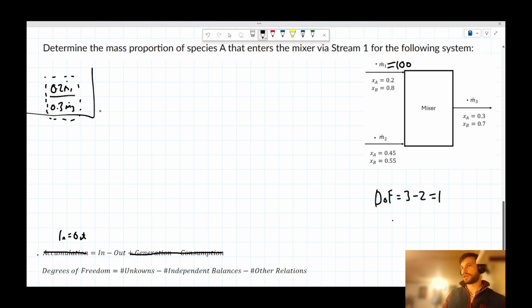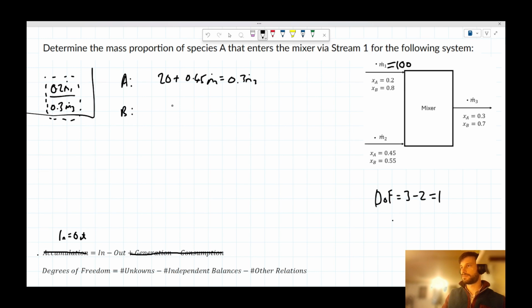So let's go ahead and do our balances then. We can say for A that 20 plus 0.2 times 100 plus 0.45 M2 is equal to 0.3 M3.